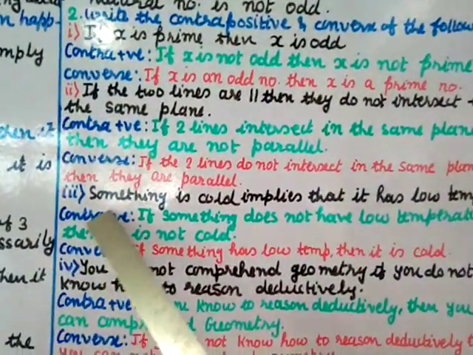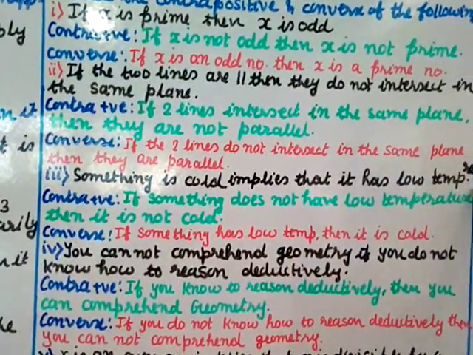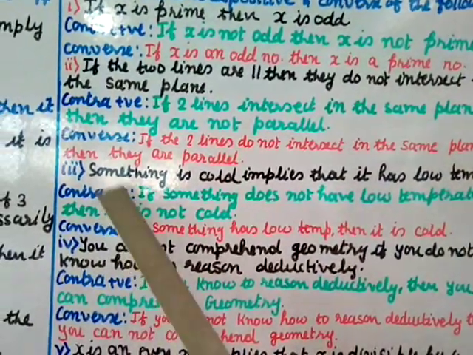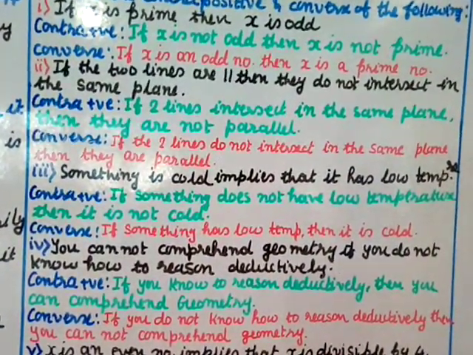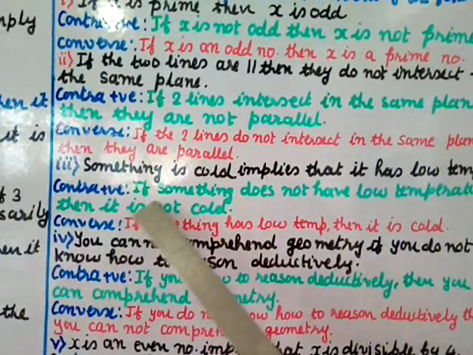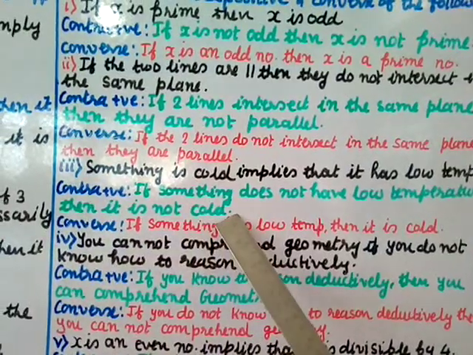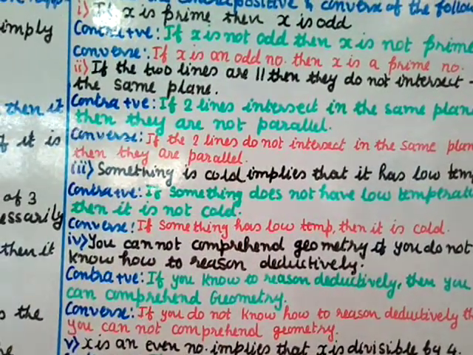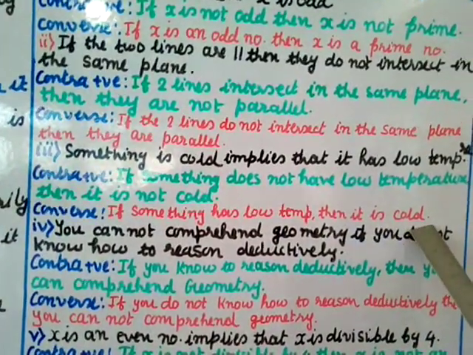Roman number 3. Something is cold implies that it has low temperature. The first one is P, second one is Q. So contrapositive is not Q implies not P. So the contrapositive of this will be, if something does not have low temperature, then it is not cold. Converse will be Q implies P. If something has low temperature, then it is cold.